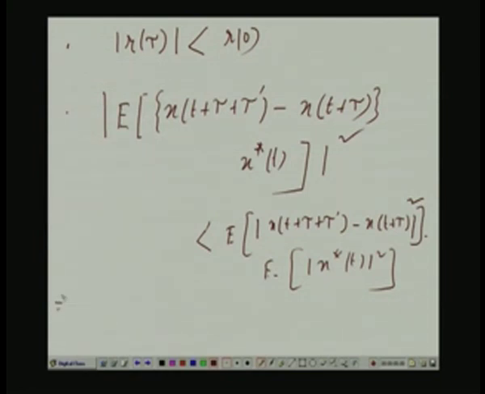So, that means left hand side gives you r of tau plus tau prime minus r tau, whole square, that is less than. Now, here the second term, mod of x star t is the same as mod of x t, and e of that mod x t square is simply r 0.